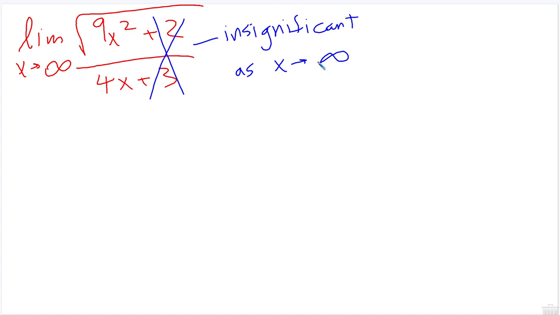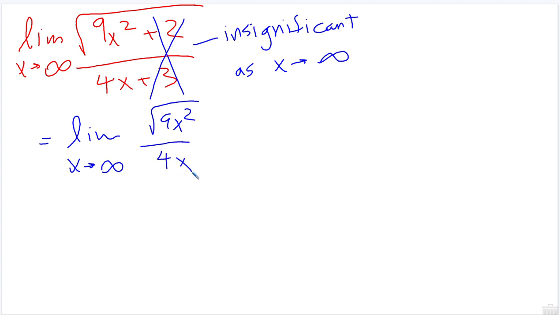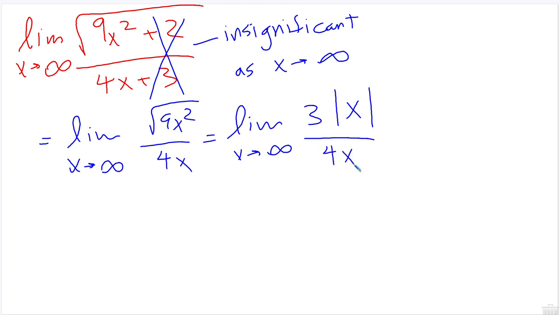And so the limit that we're looking at should really just be equivalent to the limit as x approaches infinity of the square root of 9x squared over 4x. And, well, what do I know about that? Well, I know that the square root of 9x squared is equal to the square root of 9, which is just 3, times the square root of x squared, which is the absolute value of x, over 4x.